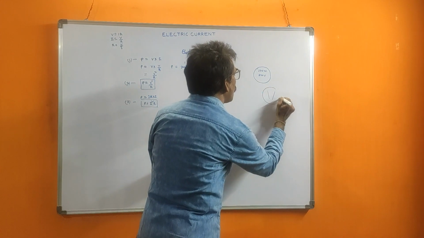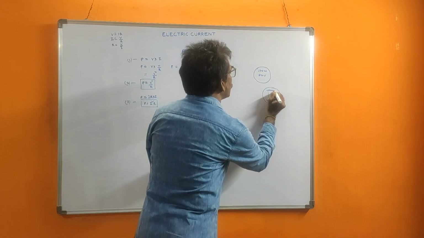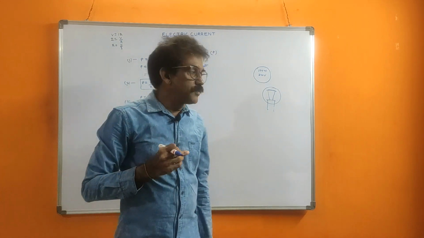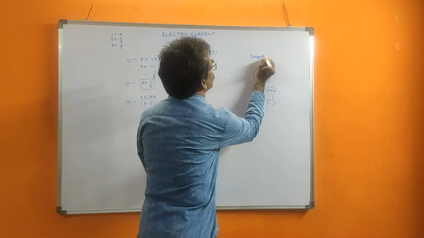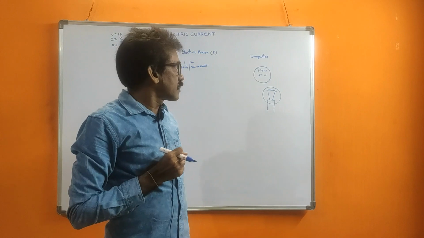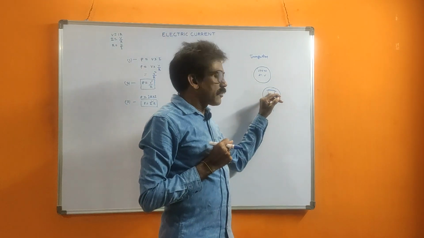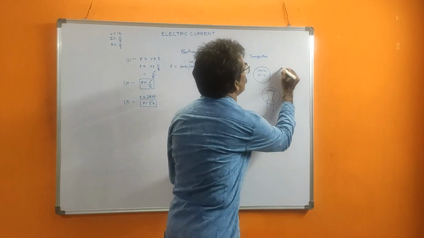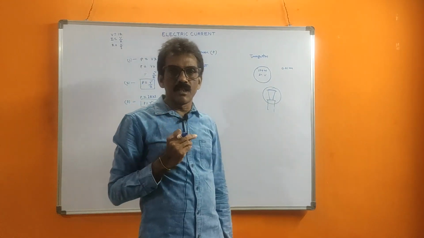In the bulb there is a filament, like a very small spring-like wire, made of tungsten material. Why? If we prepare this wire with iron or copper or silver, because the thickness of this wire is very small, like 0.01 mm, it will be wound like a very thin spring.